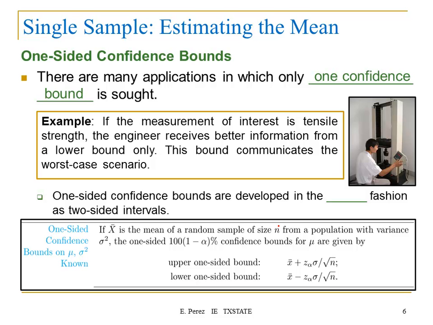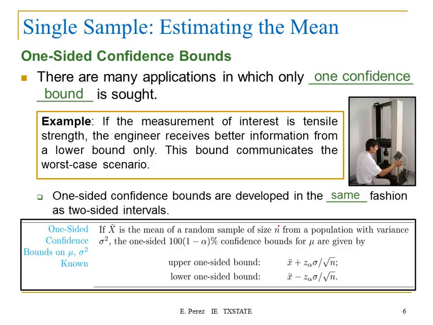These bounds can communicate the worst case scenario. So in that case, you only need one bound, which is the one corresponding to the worst case scenario. So one-sided confidence bounds are developed in the same fashion as the two-sided intervals. So here is the description for one-sided confidence intervals.